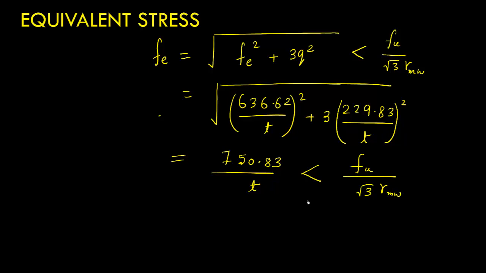In our case, the Fu value is 410 because this is Fe 410 steel, and root 3, and gamma is 1.25. So we can calculate the T value from this expression.